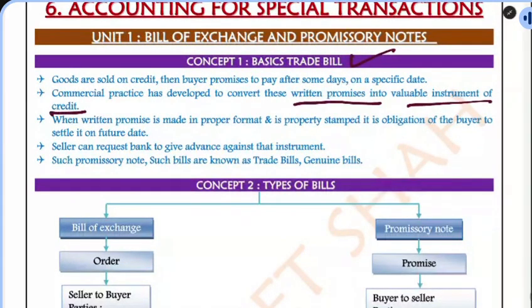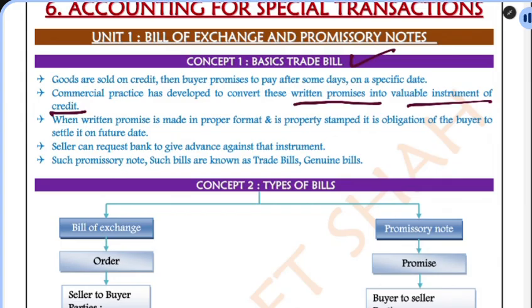The question arises, sir, what is this? Earlier, what used to happen? Assume I sold goods to Tejas on credit worth rupees 1 lakh. For me, Tejas is an asset because it is receivable. But I can't use this asset for any purpose because I cannot exchange it with anyone.